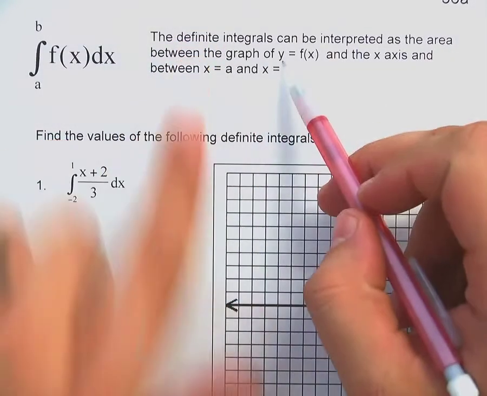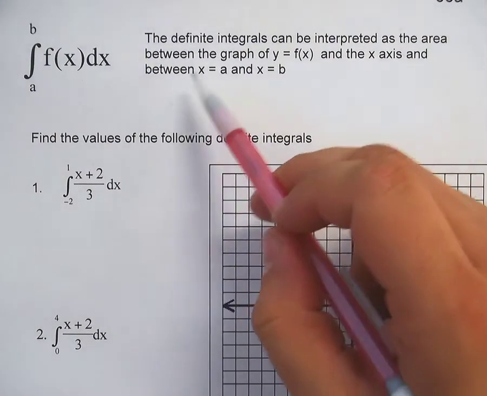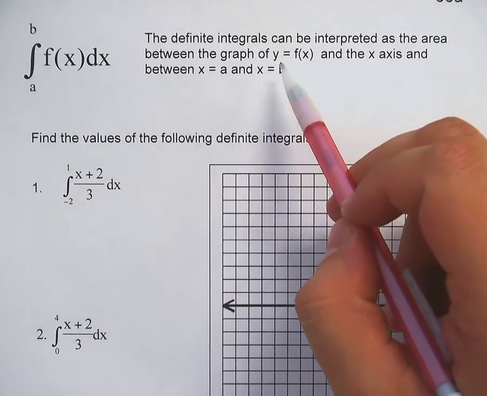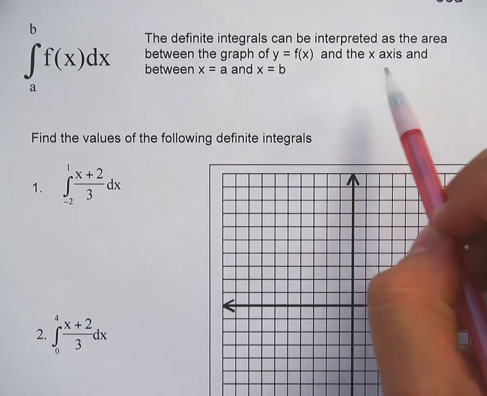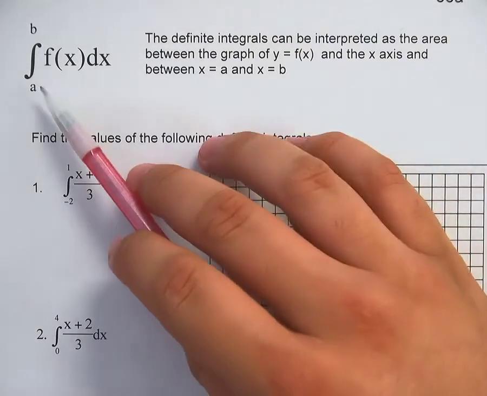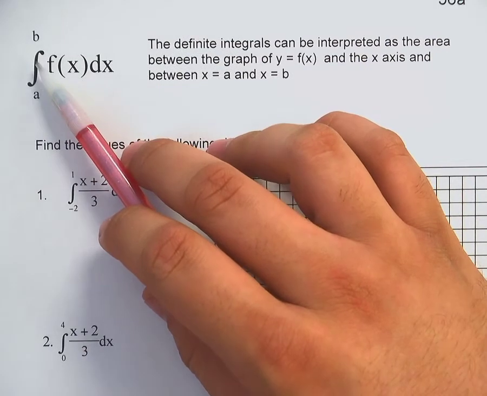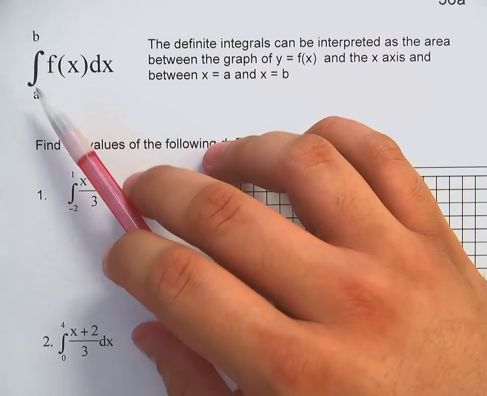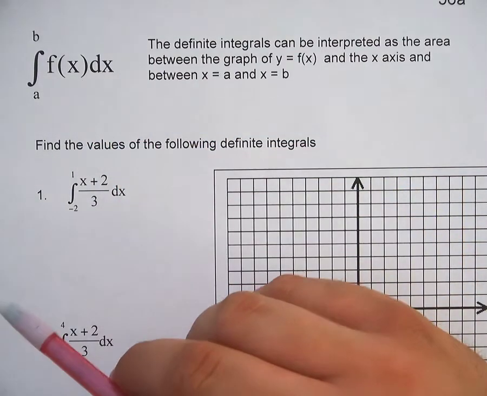Definite integrals can be interpreted as the area between the graph of y and the x-axis, and between x equals a and x equals b. This is how a definite integral is written. The way that it's read, the integral from a to b of f of x dx.